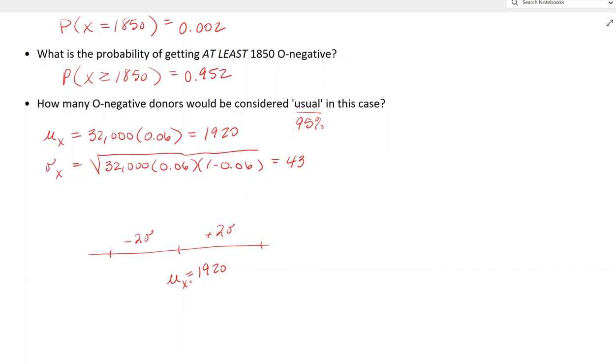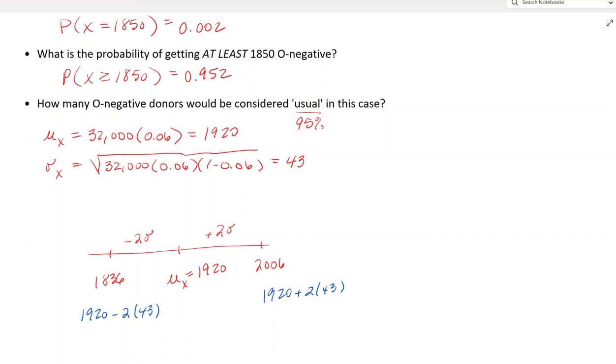So when I subtract 2 times 43 from 1920, I get 1836. So let me just write that down out here. This is 1920 minus 2 times 43. And then if I add 2 times 43 to the 1920, I end up with 2006. So again, that's 1920 plus 2 times 43.